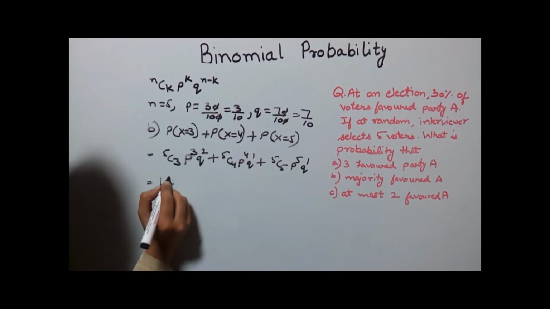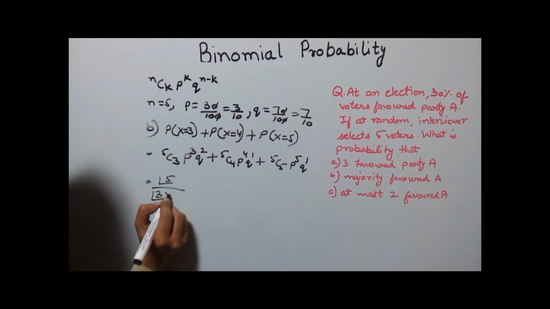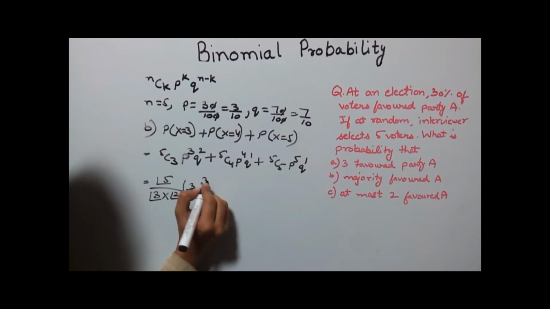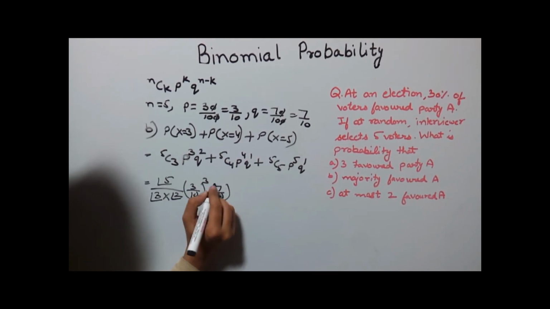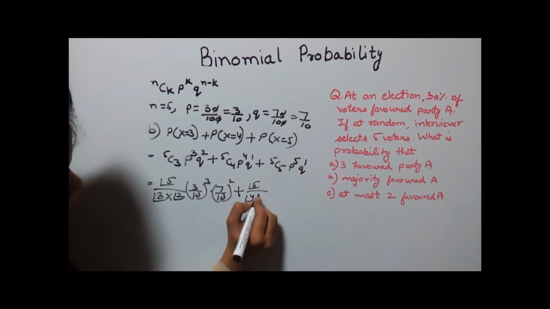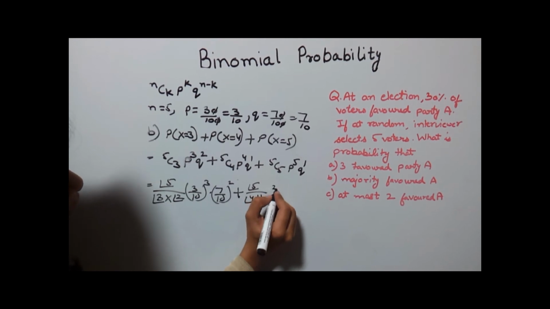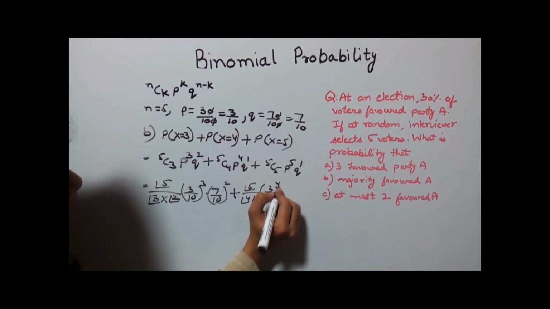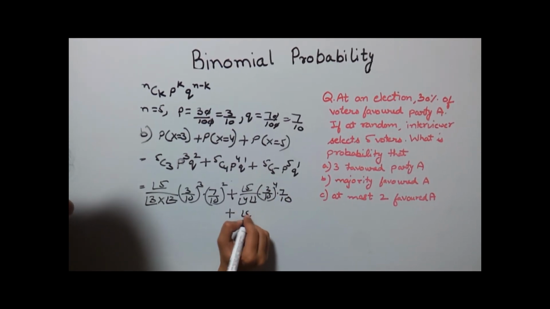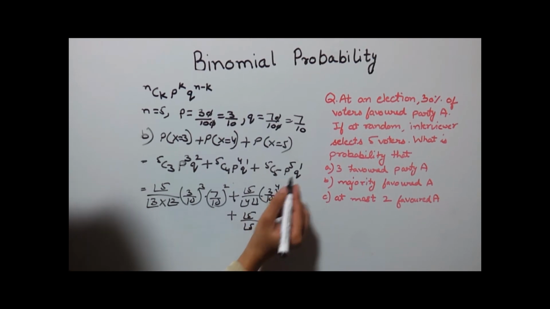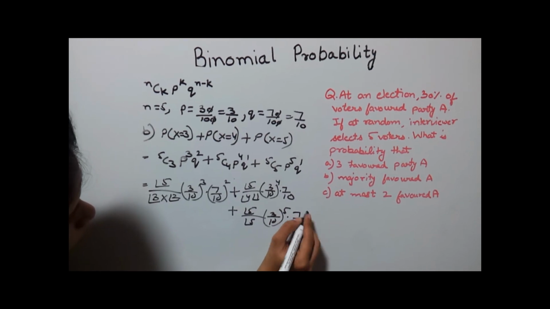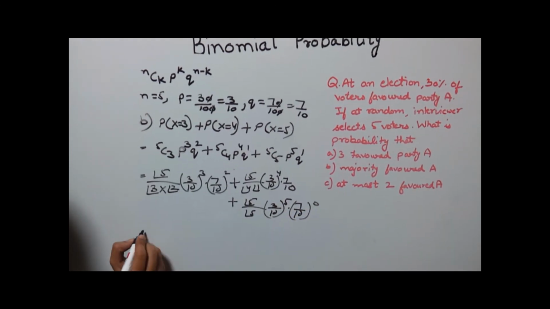It gives us factorial 5 upon factorial 3 into factorial 2, P is (3 by 10) cube into (7 by 10) square, plus factorial 5 upon factorial 4 factorial 1 into (3 by 10) to the power 4 into 7 by 10, plus factorial 5 upon factorial 5 into (3 by 10) to the power 5 into (7 by 10) to the power 0.